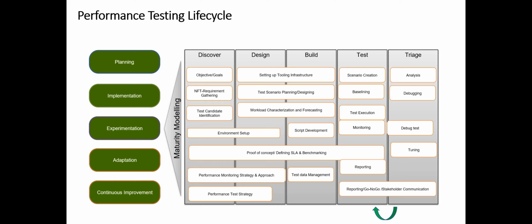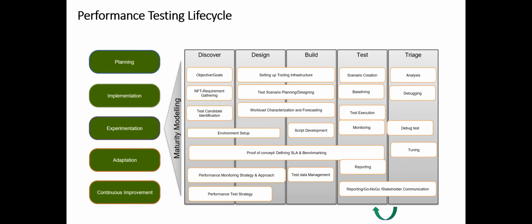If there is a transaction response time, as a whole team, maybe the development team as a whole, we are agreeing that this particular transaction is supposed to respond within this time frame. That's called an SLA. And benchmarking: sometimes we don't have a service level agreement. In those cases, we need to run some tests and do the benchmarking. We are setting up the SLAs for the application.